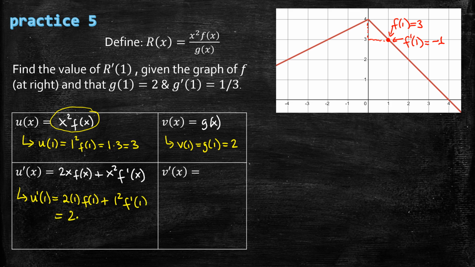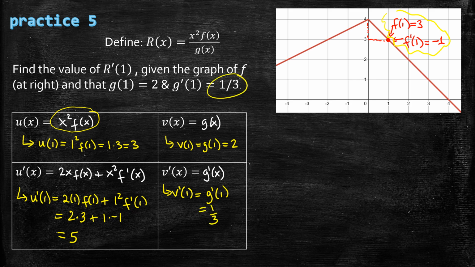And once again, we know that f of 1, again from up here, is 3, and f prime of 1 is -1. So we know that this is 2 times 3 is 6, minus 1 is 5. And v prime of x would just be the same as g prime of x. So therefore v prime of 1 equals g prime of 1, which we are given up here, is 1/3.